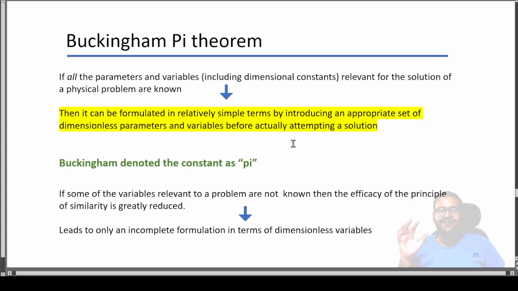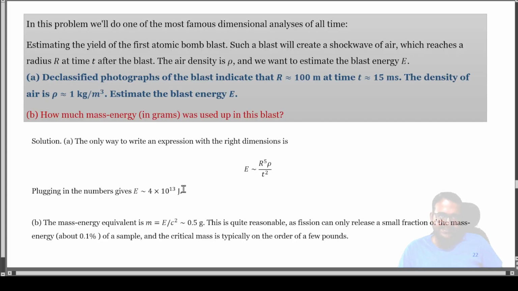So the thing is, if all the parameters and variables are known, if I know a quantity depends on which parts, like this, the energy released depends on air density, radius, and time.